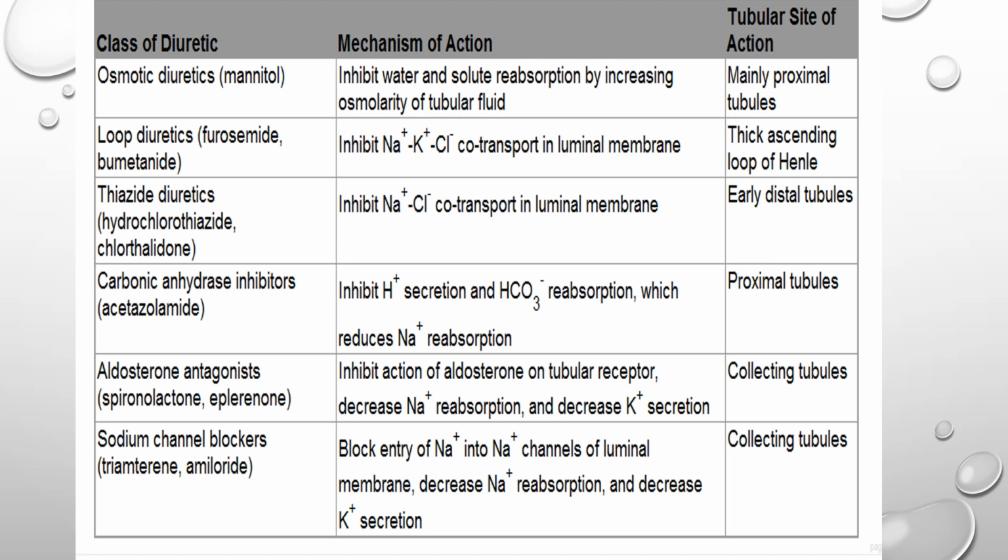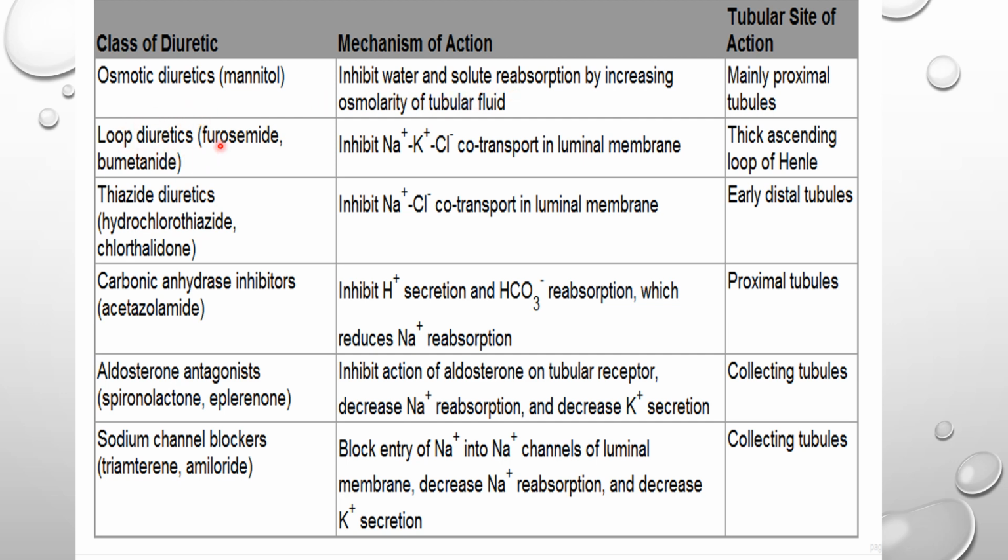Coming to the diuretics, there are different types of diuretics. Osmotic diuretics mainly act on the proximal tubule. They inhibit the water and the solute reabsorption by increasing the osmolarity of the tubular fluid.